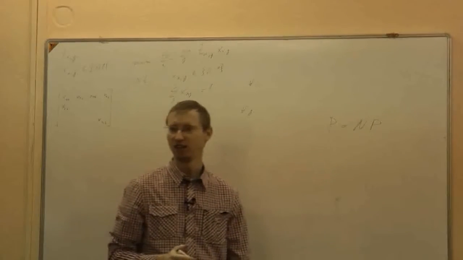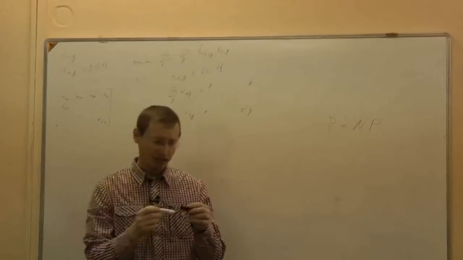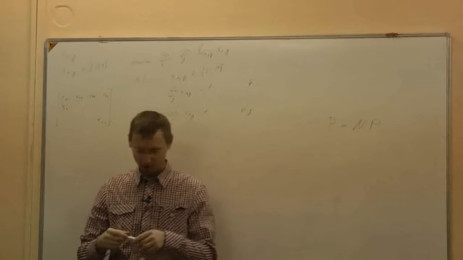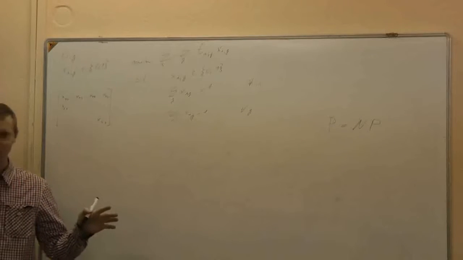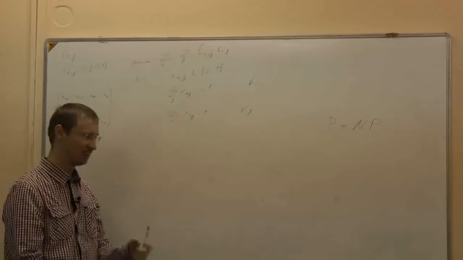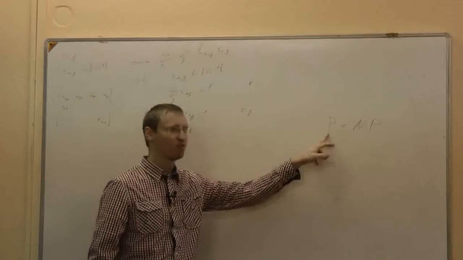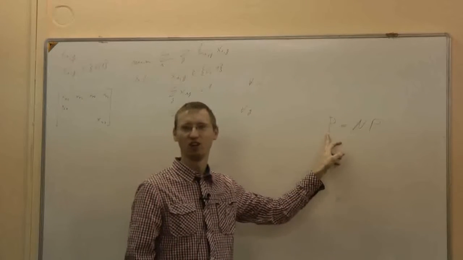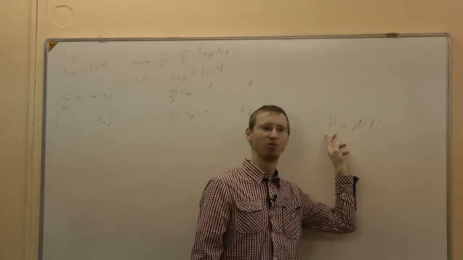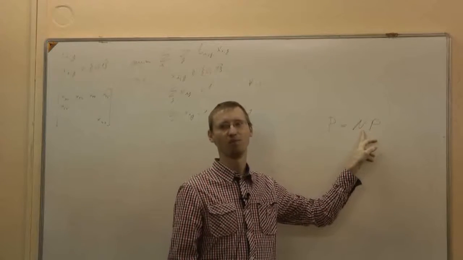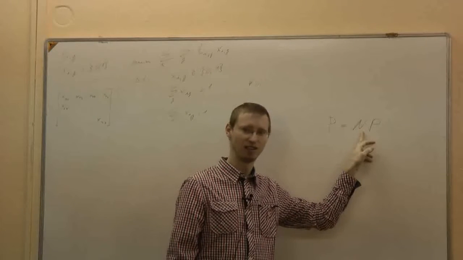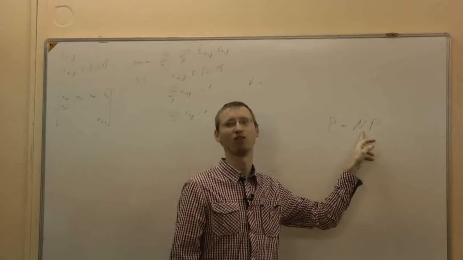Has anybody seen this? P is the set of problems that can be solved, well, first I give the technical explanation and then the natural one. This is the set of problems that can be solved in polynomial time on a so-called deterministic machine. NP is the set of problems that can be solved in polynomial time on a non-deterministic machine. Non-deterministic means a random machine.